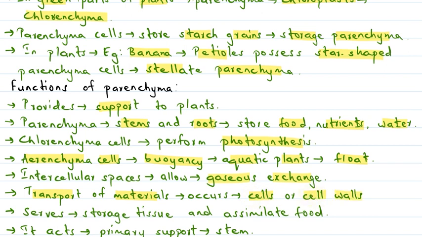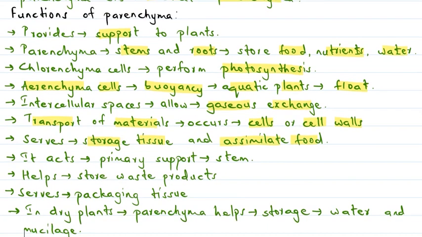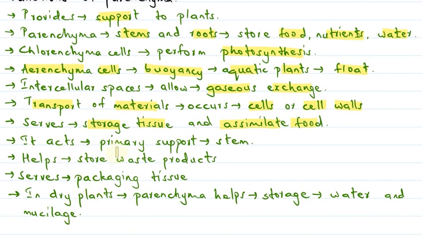The main function of parenchyma is to serve as a storage tissue and help in assimilation of food. It also acts as the primary support to the stem, and it helps in storage of waste products in plants, like gums, resins, tannins, etc.